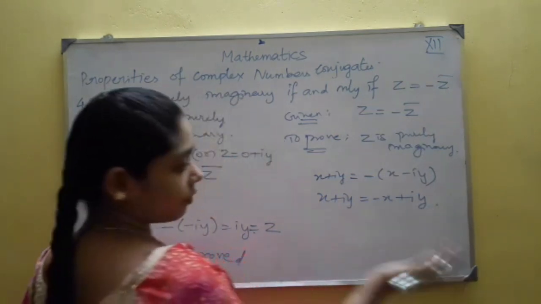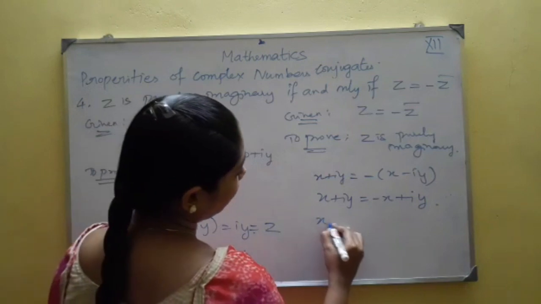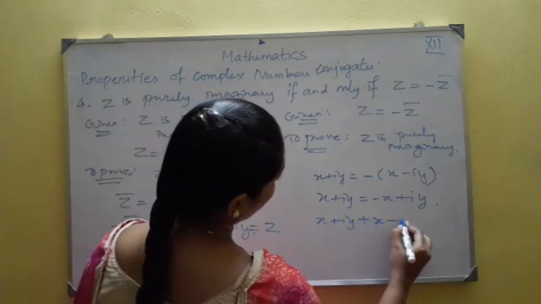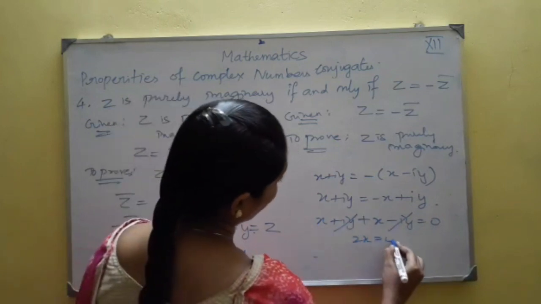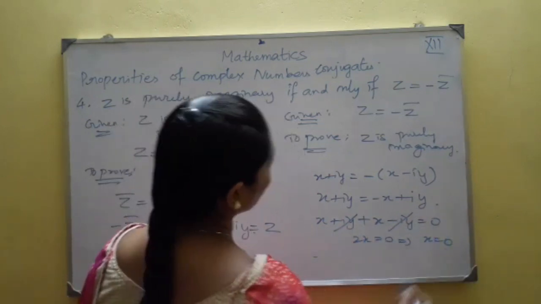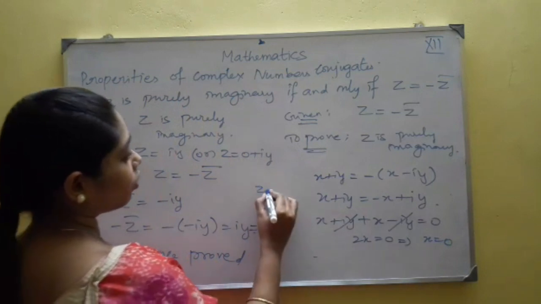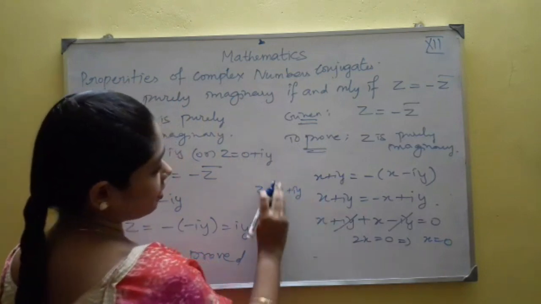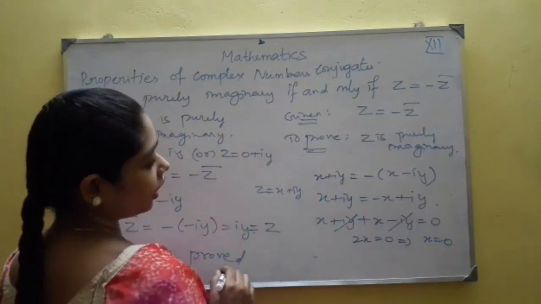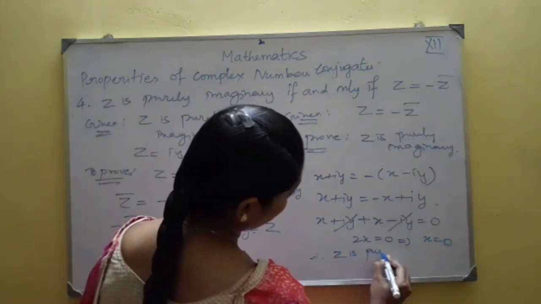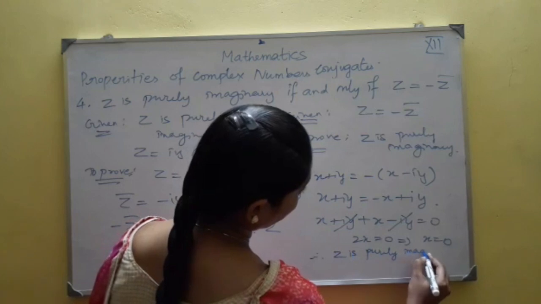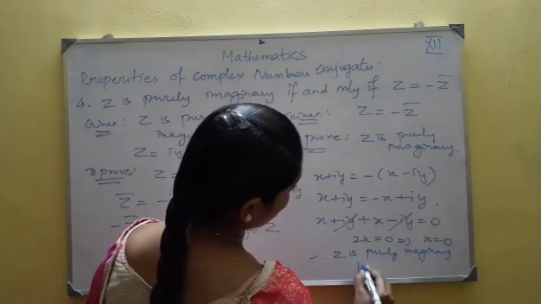Take everything to one side. So you will get x plus iy plus x minus iy equal to 0. 2x equal to 0. So which implies x equal to 0. In a complex number, x equal to 0 means your z is purely imaginary, no? Therefore z is purely imaginary. So hence proved.